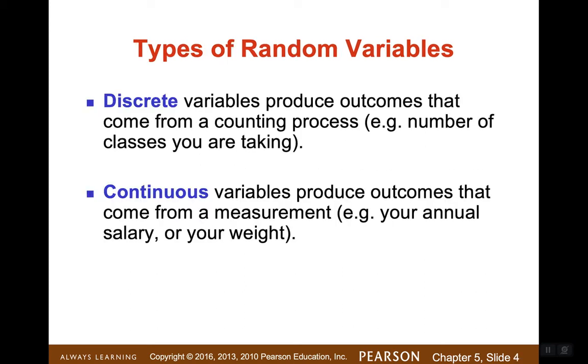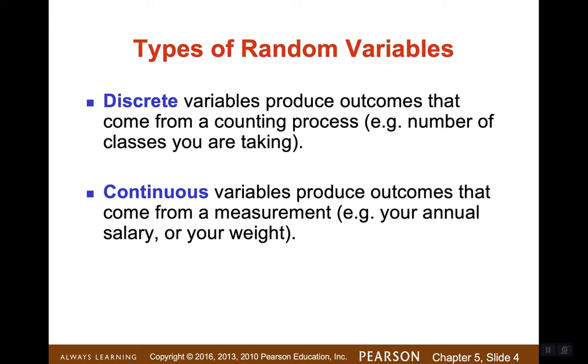And we have a couple different types of random variables. One is something we call discrete variables. A discrete variable produces outcomes that come from a counting process. So basically, for example, the number of classes we're taking, or if you're counting something.